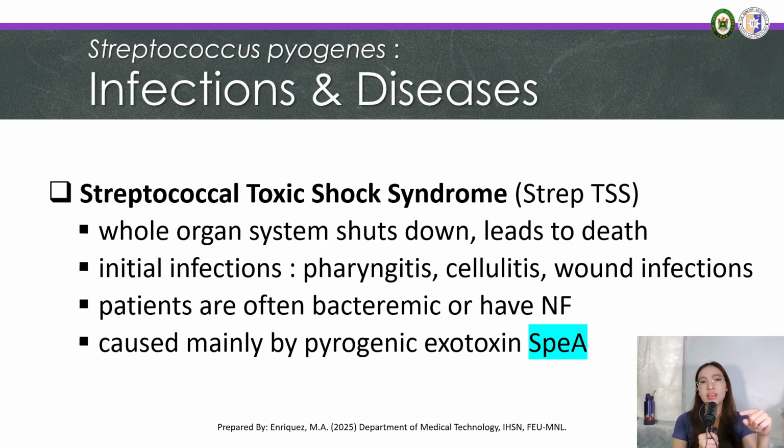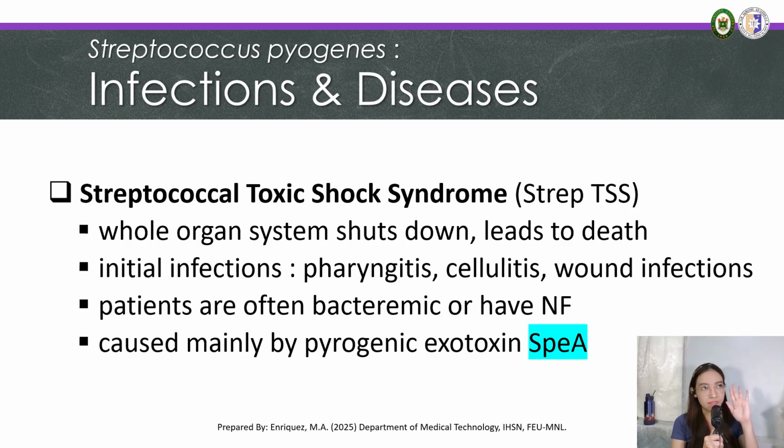But if we're talking about streptococcal toxic shock syndrome, dito naman po, a person needs to have had a previous infection with Streptococcus pyogenes before the toxic shock syndrome happens. All right. I hope you understood the difference. Again, for Staphylococcus aureus, this leads to menstruation related toxic shock syndrome.